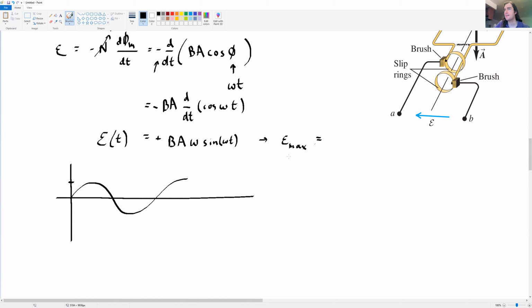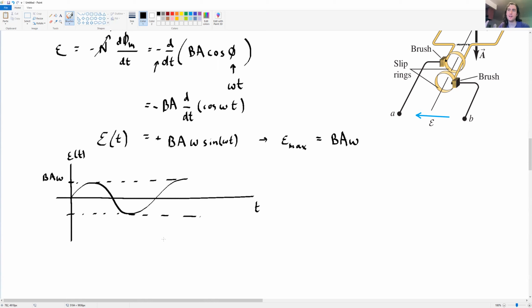Well, E max is when the sine is 1. So BA omega. So this value here is BA omega. This is E of t. This is t here. Okay. That's the induced voltage.